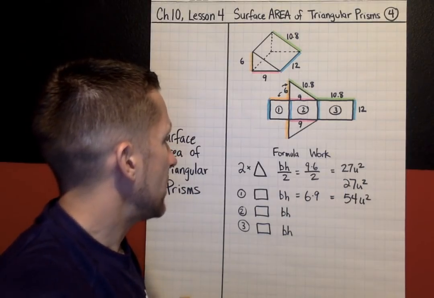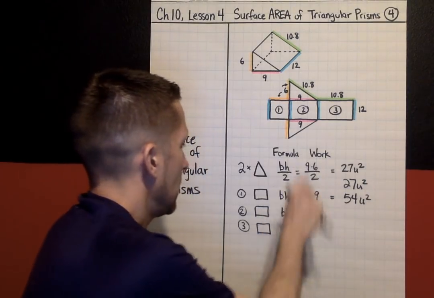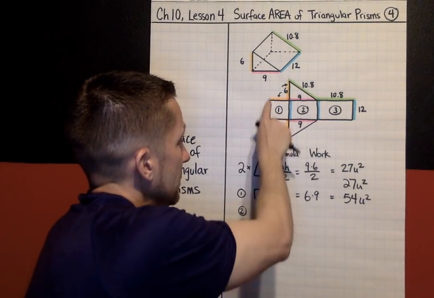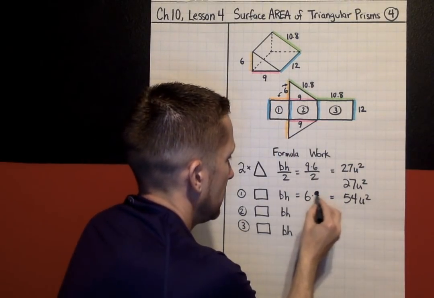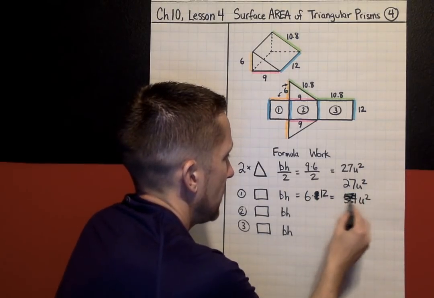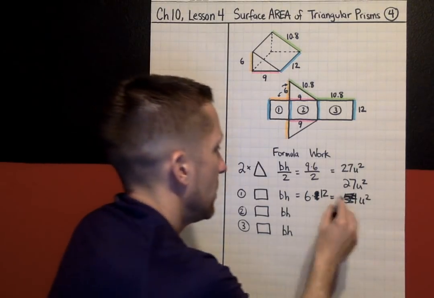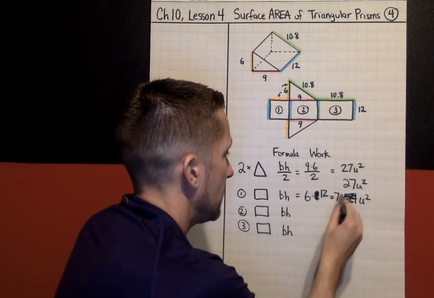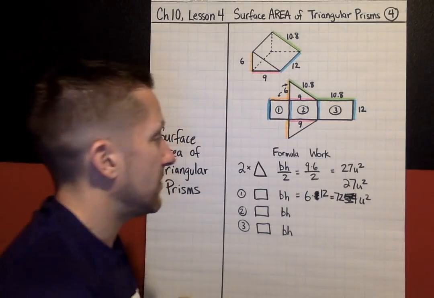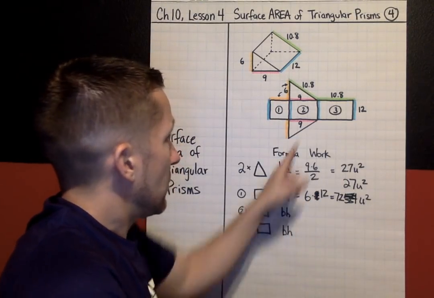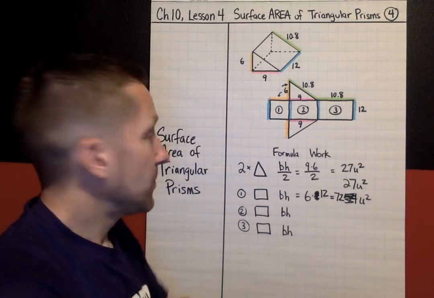Whoops, I made a mistake here. Let's go back to rectangle 1. This is a 6, this is a 12. And 6 times 12 is not 54. The area of rectangle 1 should be 72. 6 times 12 is 72. Sorry about that.